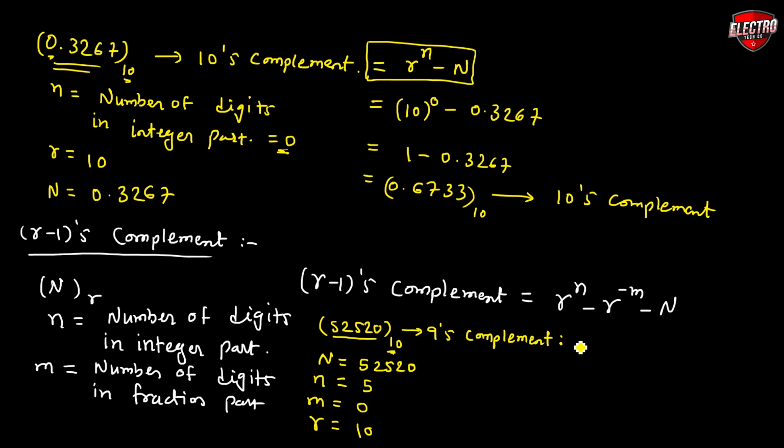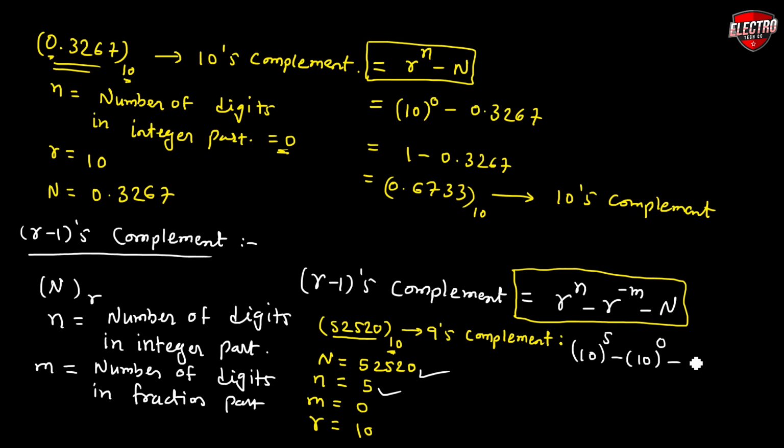If we place all these values in the standard equation, we get the R minus 1's complement or 9's complement. So R is equal to 10 raised to n, n is equal to 5, minus 10 raised to minus m, m is equal to 0, minus N, N is equal to the given number 52520.